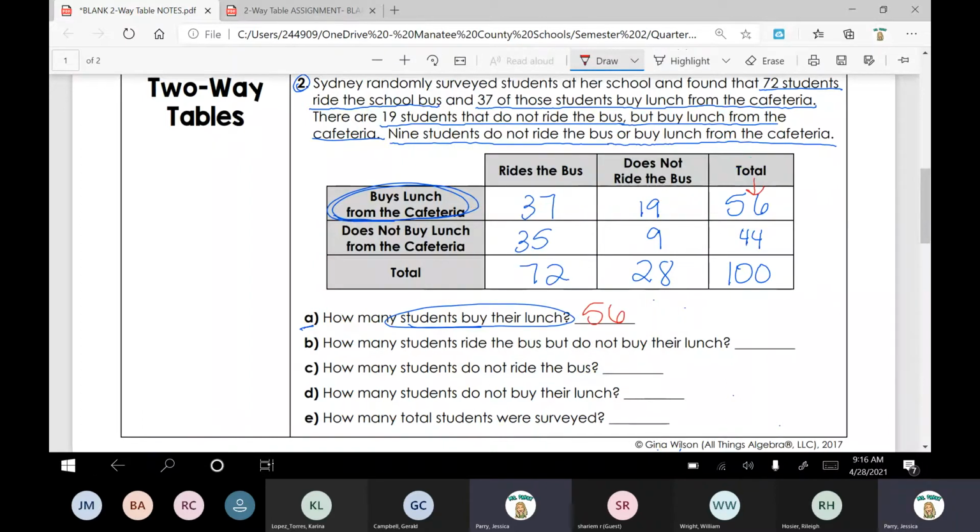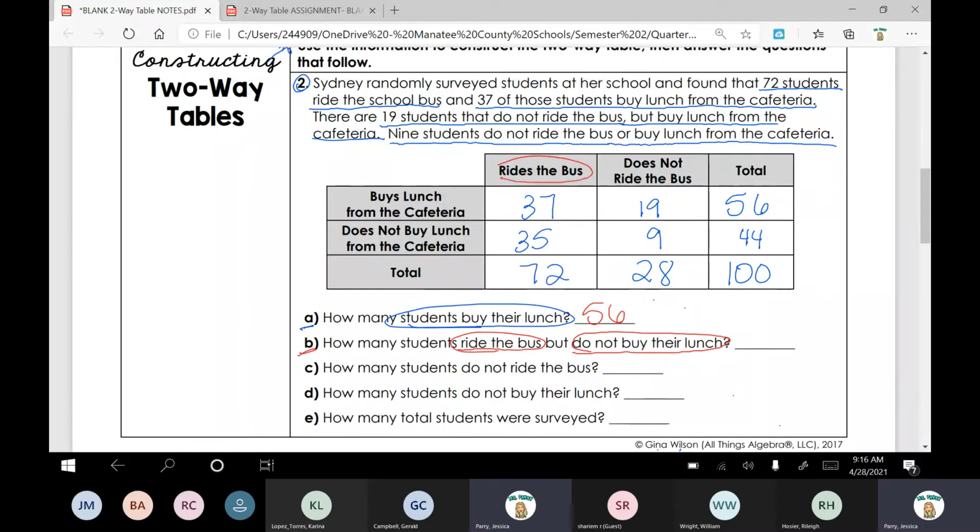Let's go on to the next question. B, how many students ride the bus but do not buy their lunch? So ride the bus, which is here, and do not buy their lunch. So does not buy lunch from the cafeteria. Drag your fingers across, meet in the middle. What's my answer? And we get 35.